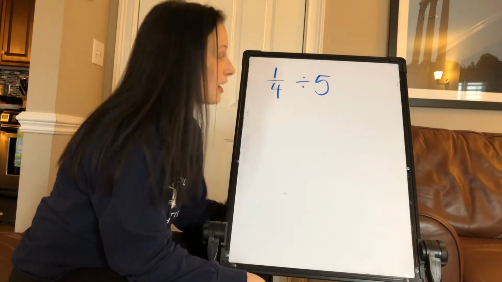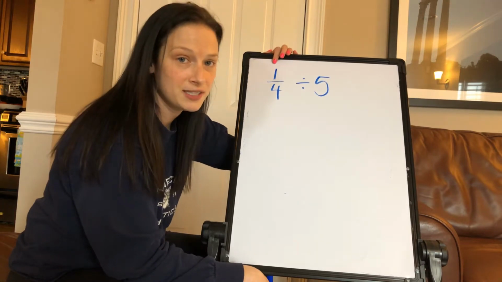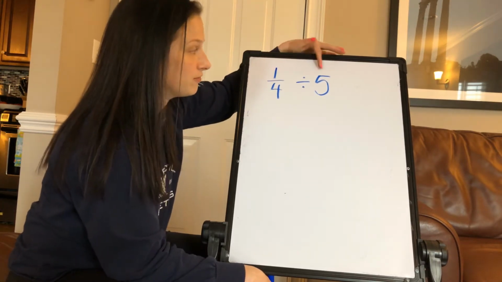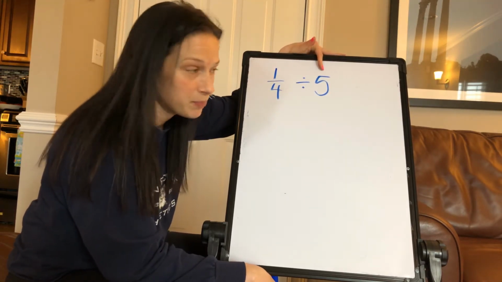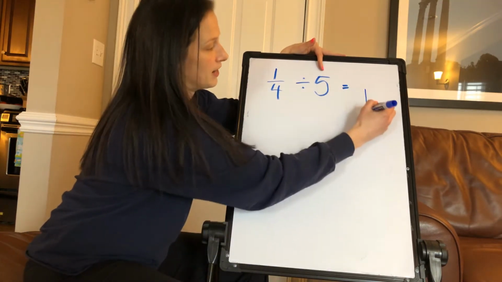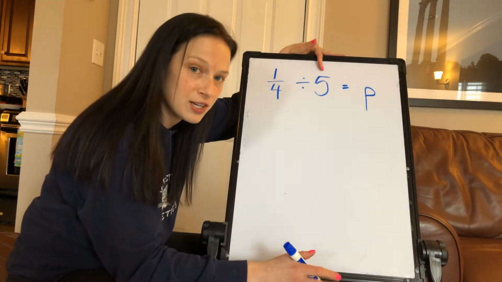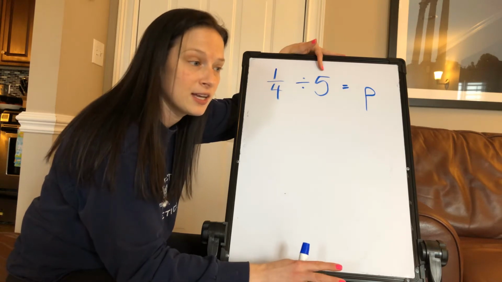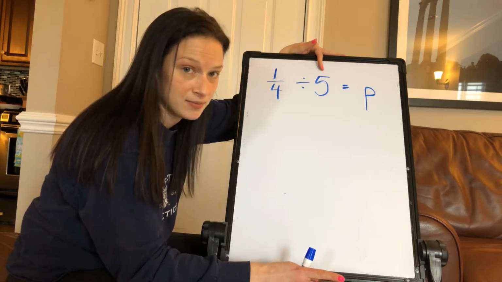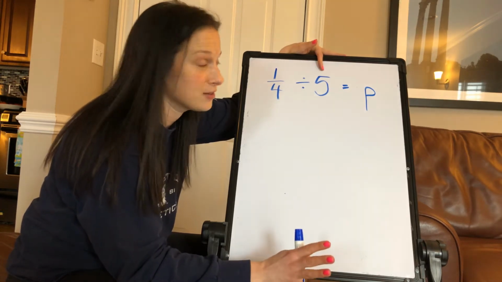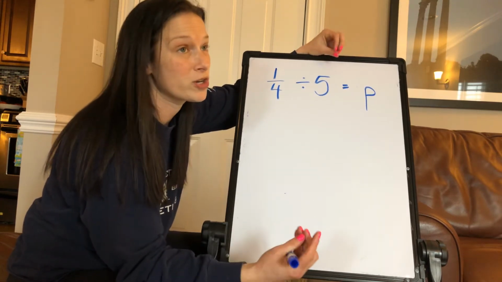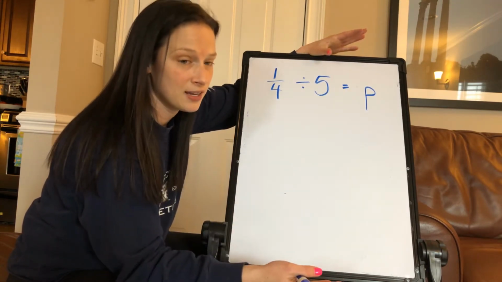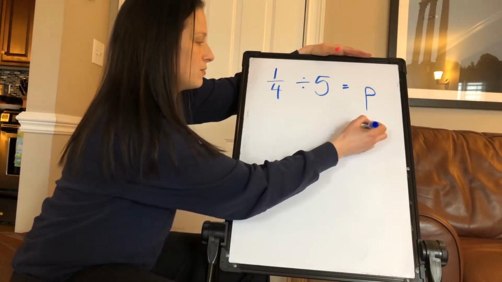So our goal right now is to take that 1/4 of a pizza. We are gonna split it equally between 5 people. And our goal is to find out what fraction of the whole pizza did each person get. Okay, so it's difficult to think about this. We're thinking about what portion of the entire pizza did each person get.